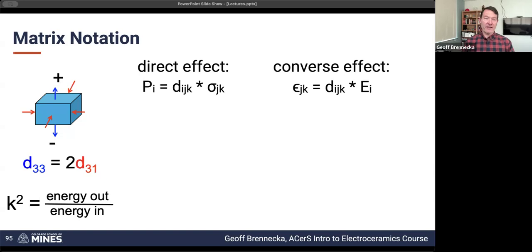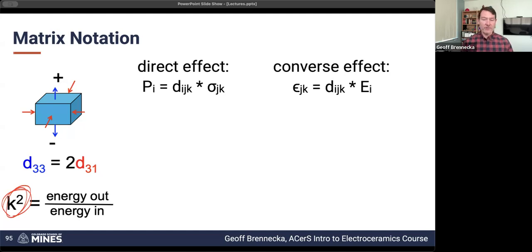Another definitional aspect that I need to point out is this K-squared. The whole concept of piezoelectricity is really just converting between electrical energy and mechanical energy, or mechanical energy and electrical energy. You can go back and forth. Regardless of which direction you're operating, when you look at the ratio of the energy output over the energy input, that's represented as this coupling coefficient, which is K-squared.